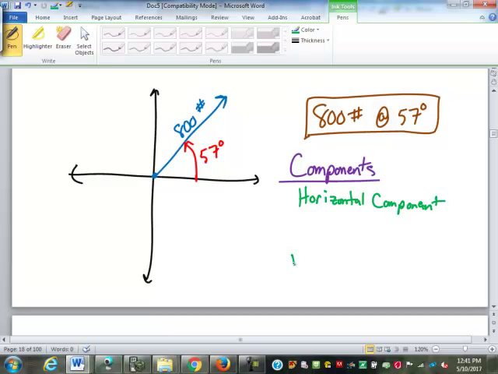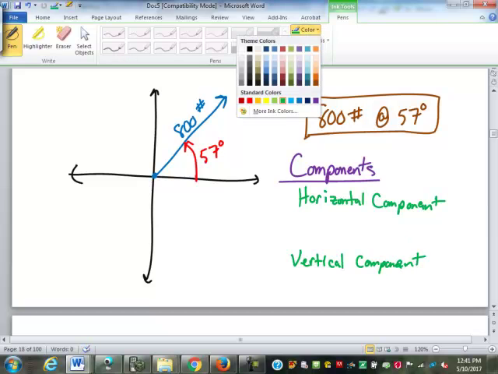Vertical, notice I'm leaving a space here. Vertical component goes vertically. Components are two vectors that can be combined, two or more vectors. If it's three-dimensional, it would be three vectors. In two-dimension, it's two vectors. Two or more vectors that can be combined to be equivalent to that single vector.